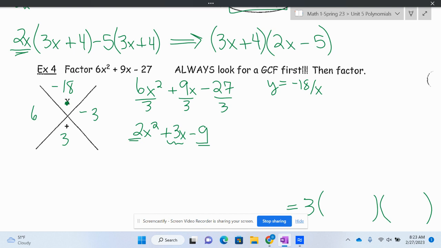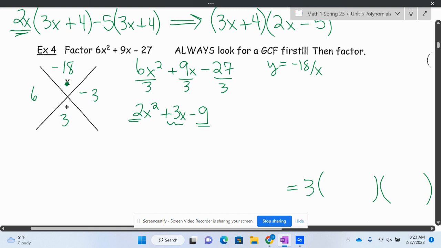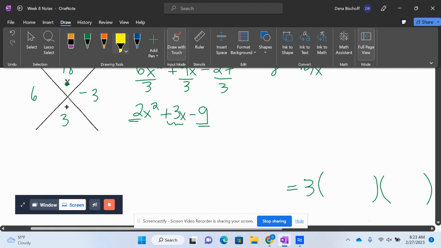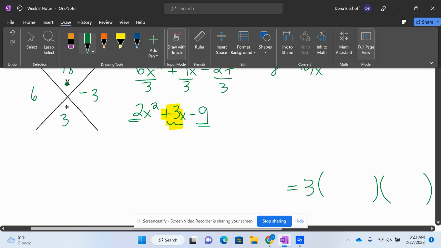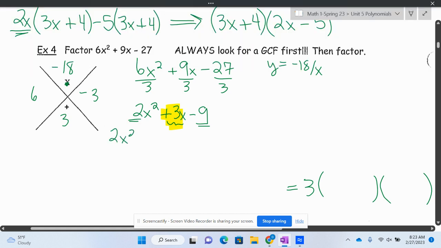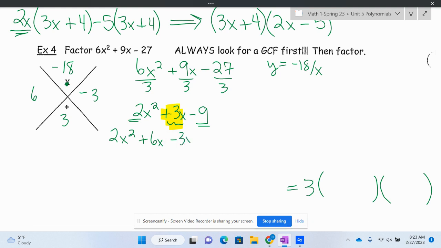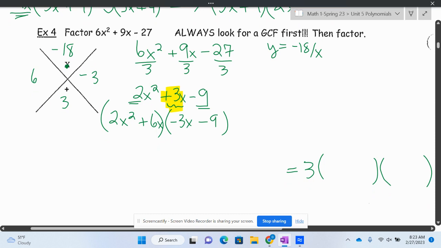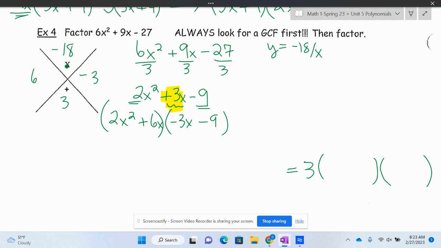So what am I doing with this positive 6 and this negative 3? I'm replacing this guy right here with the positive 6 and the negative 3. So I really have 2x squared plus 6x minus 3x minus 9. And then I'm going to group those. I know that I did it right because 6x minus 3x is a positive 3x.